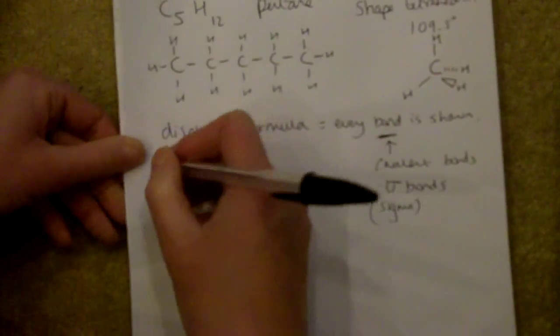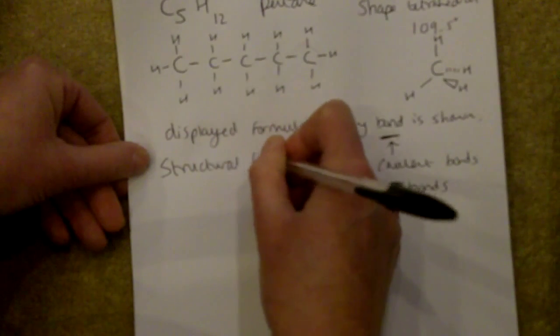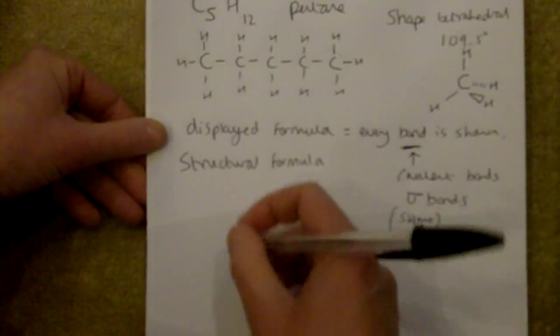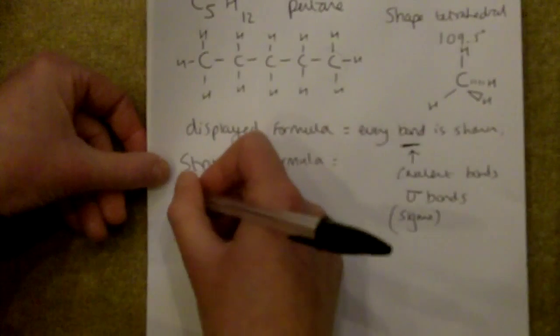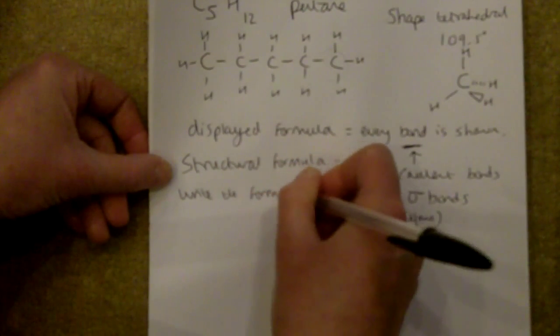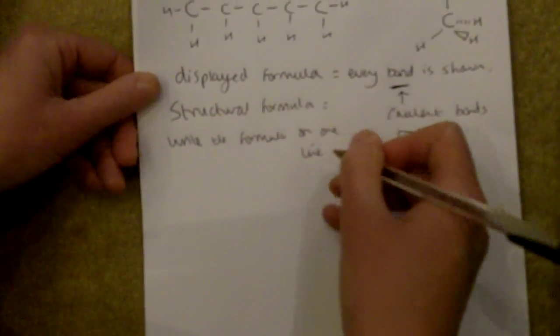If I asked you for a structural formula, there are lots of terms in this topic, that's when you write the formula on one line. That's how you know you've got a structural formula.